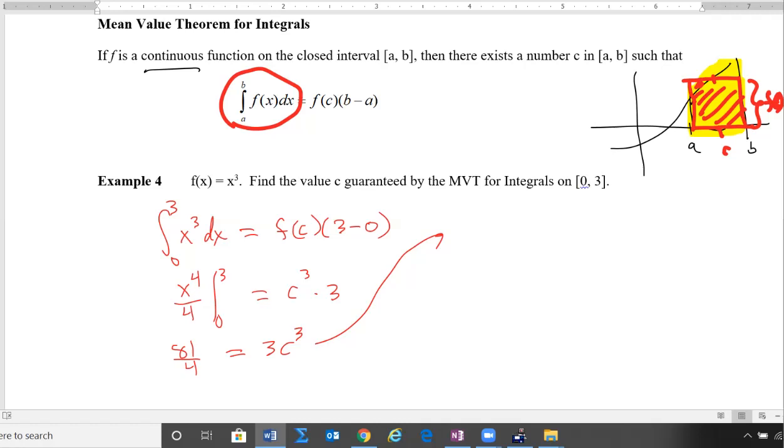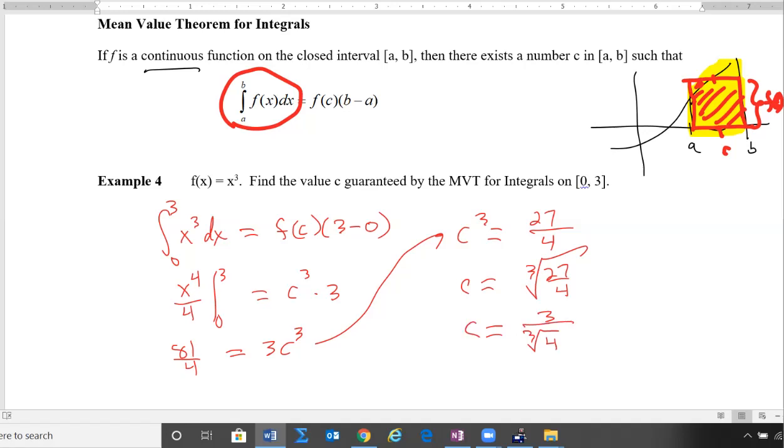So that tells us that c to the 3rd is equal to 27 over 4. And that c would actually be equal to the 3rd root of 27/4. So that's going to be a 3 over the 3rd root of 4.